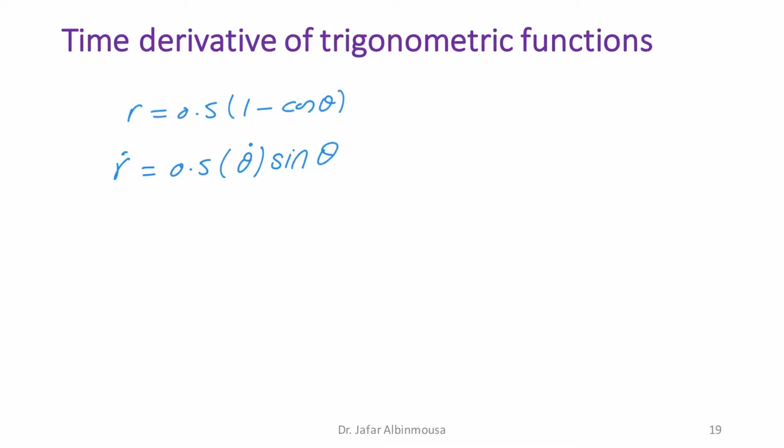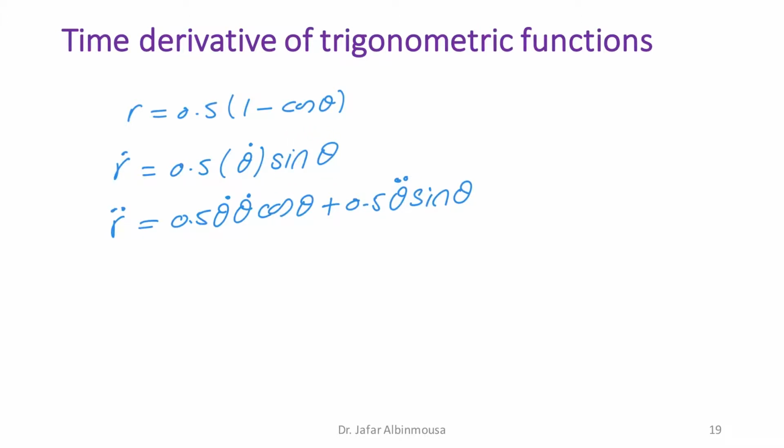And if you do this again, r double dot, then you will end up with 0.5 theta dot by cosine theta plus 0.5 theta double dot multiplied by sine theta. What I did over here, I kept 0.5 and theta dot as is, and then I took the time derivative of sine.